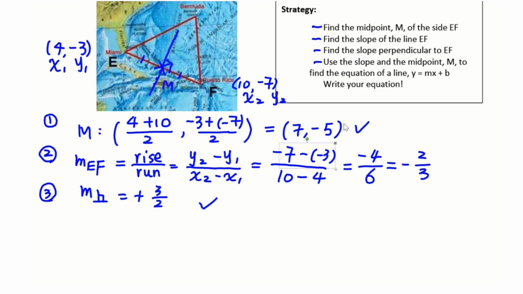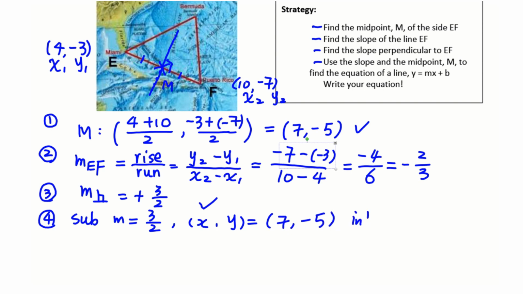We have a point on that line, so we are going to sub the slope and the point to find the b value. So m equals 3/2. The x, y is a point, use the midpoint. The midpoint is the point on this perpendicular line. So it's (7, -5) into y equals mx plus b.